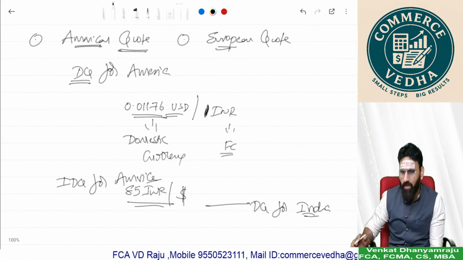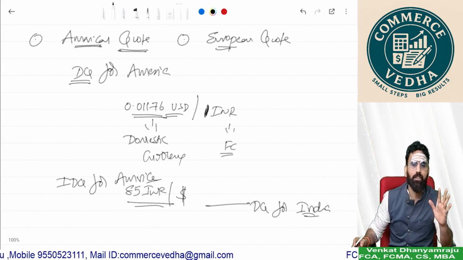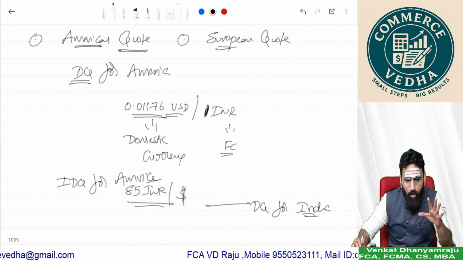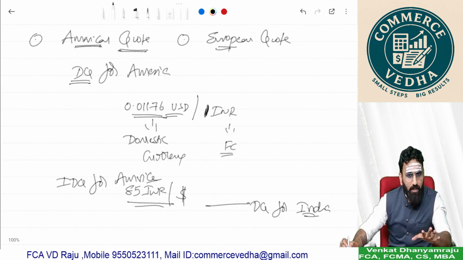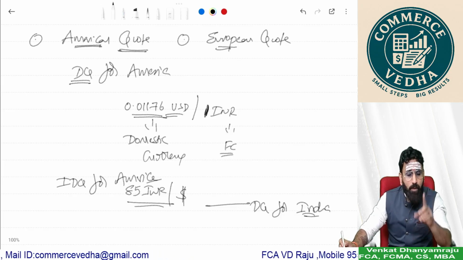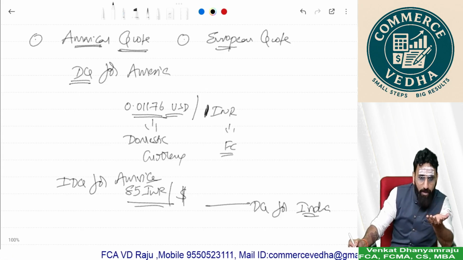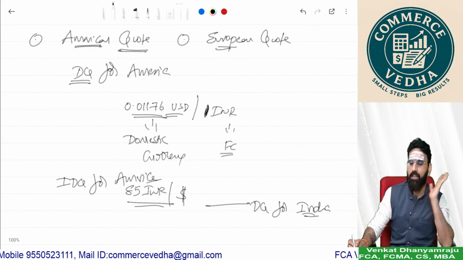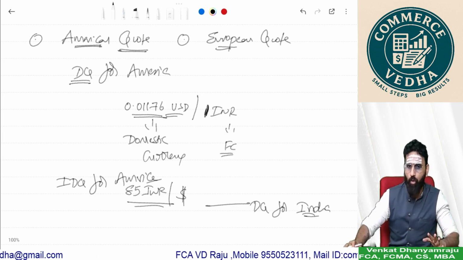It is actually looking from America's perspective. European quote is how many foreign currency units per $1, and American quote is how many dollars per 1 foreign currency. So this is all about American quote and European quote.